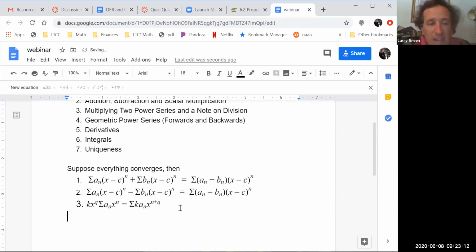Okay, maybe I'll do an example. The examples are pretty uninteresting, but just for fun, how about, I'm going to keep it centered at the origin because it's just less typing.